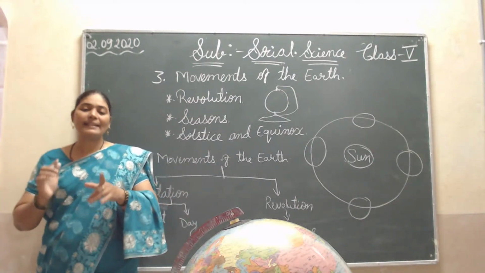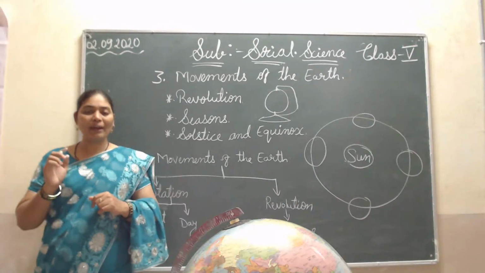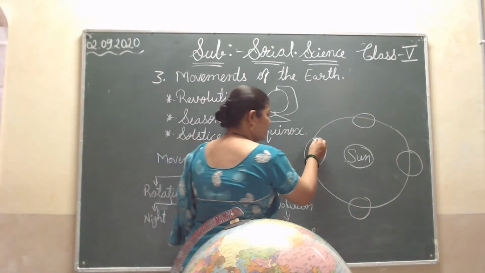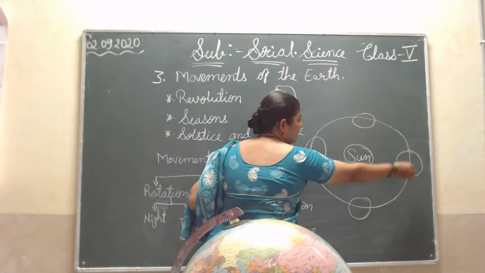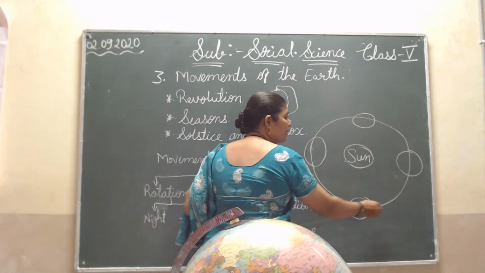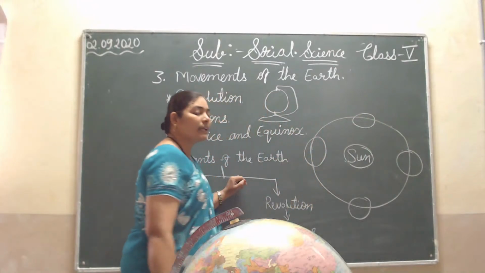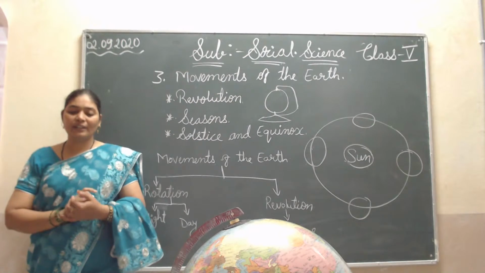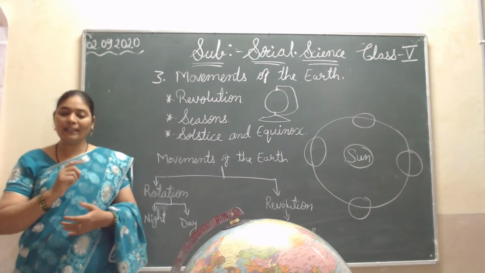The Earth takes 365 1/4 days to complete its orbit. From here, it comes again back here. It takes 365 1/4 days, for 1 year.